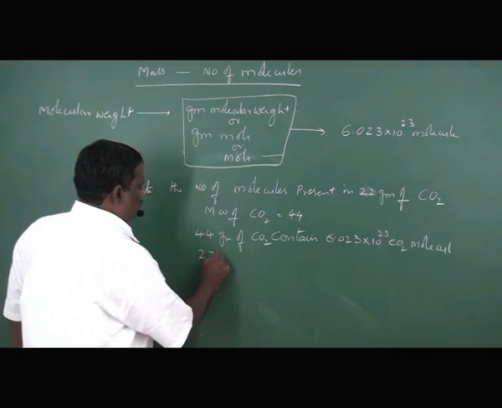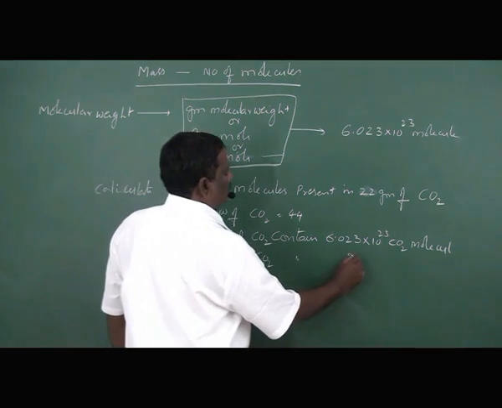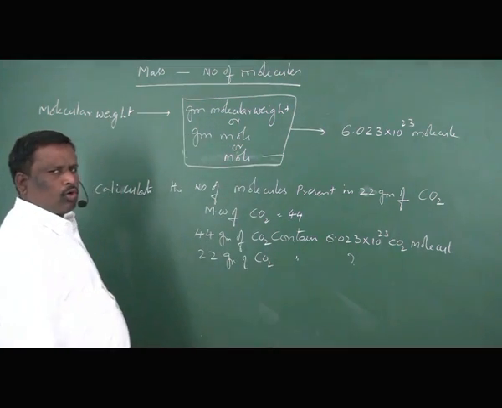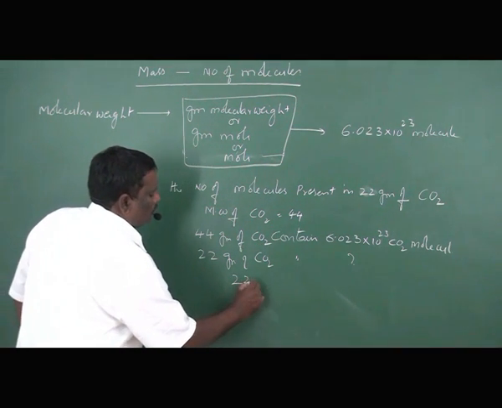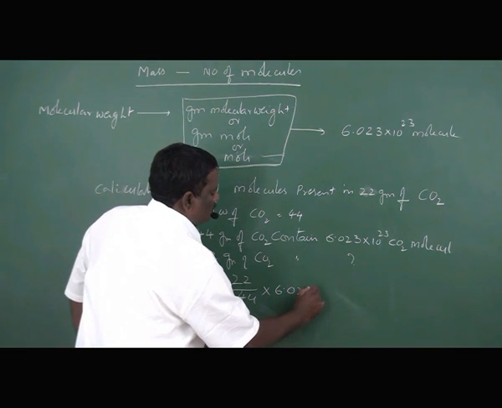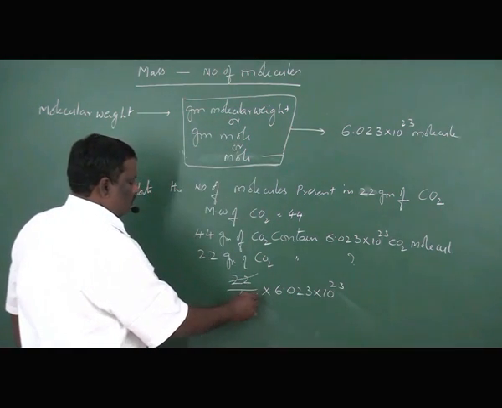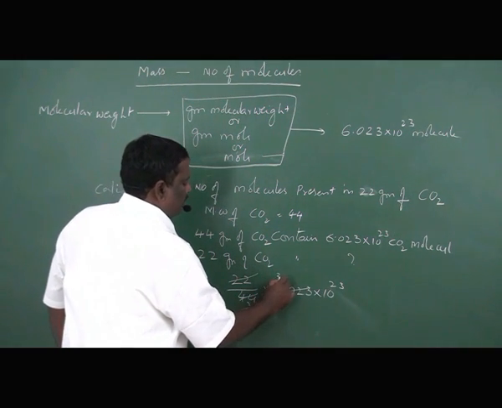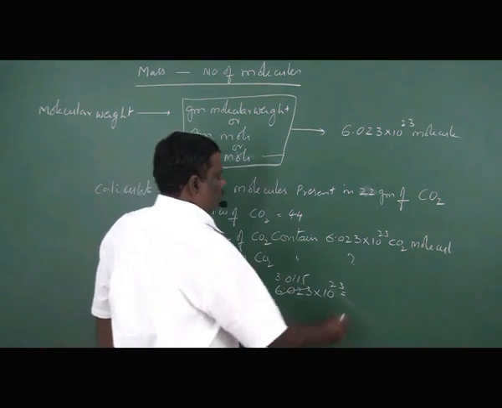Then 22 grams of CO2 contains how many molecules? Automatically less. So, 22 by 44 into 6.023 into 10 to the power 23. 22 is half of 44, so it will be 3.0115 into 10 to the power 23.